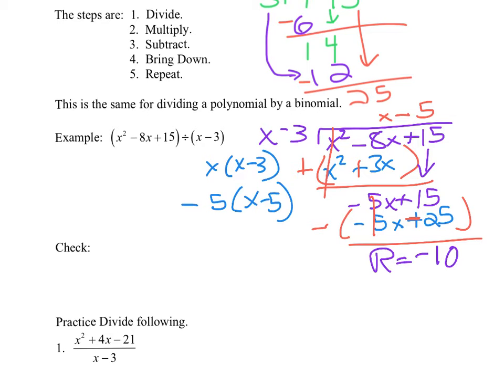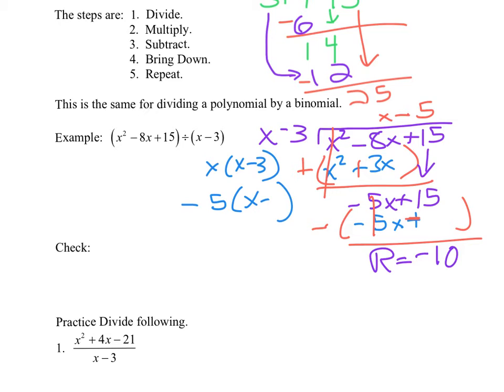Now we check this by multiplying it out. You know what? I apologize. Knew there was something wrong with this. This did not come out to be 25 because this is not 5.